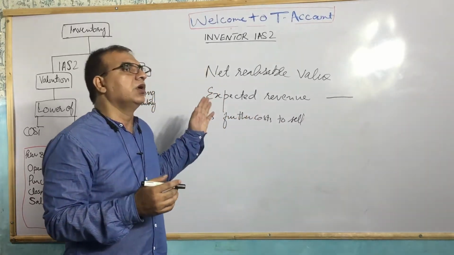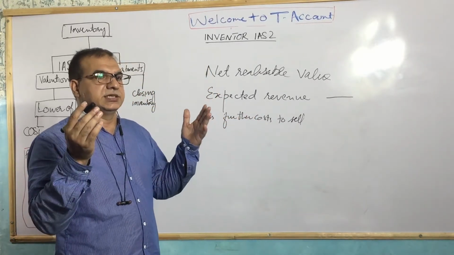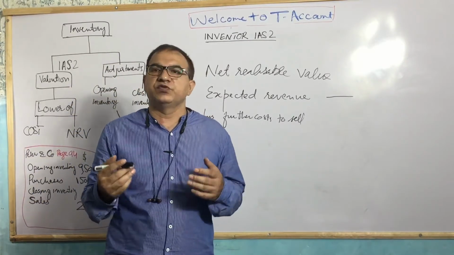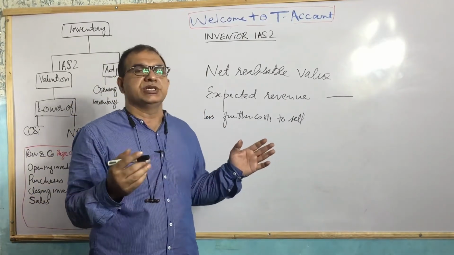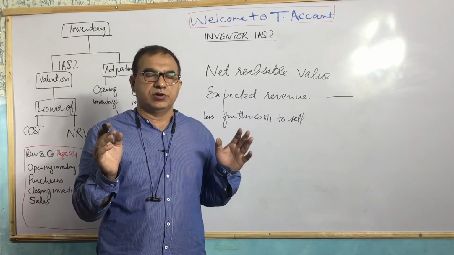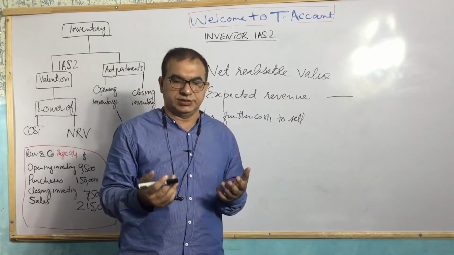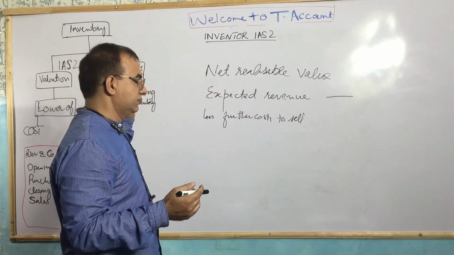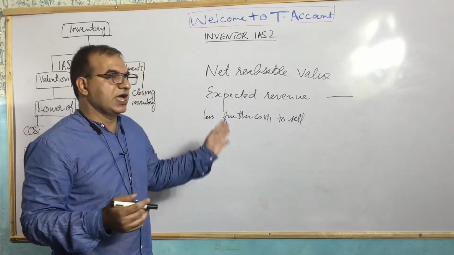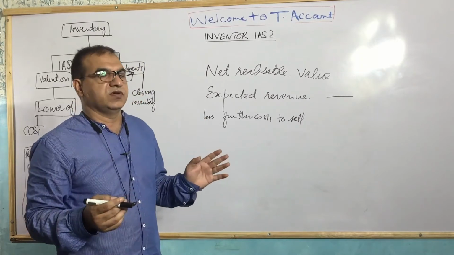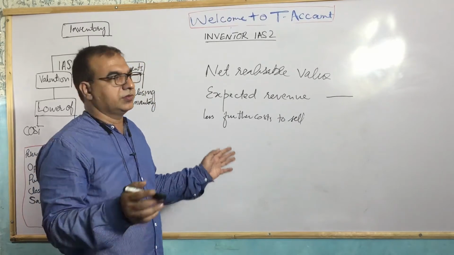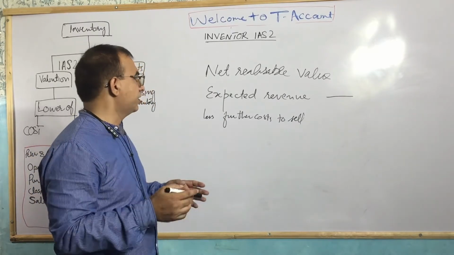If we know that we cannot sell it at the cost and we still keep it at the cost, it means there are some losses which we are not recognizing. So that's why the standard says if NRV, net realizable value, is less than the cost, then state that inventory at this value.